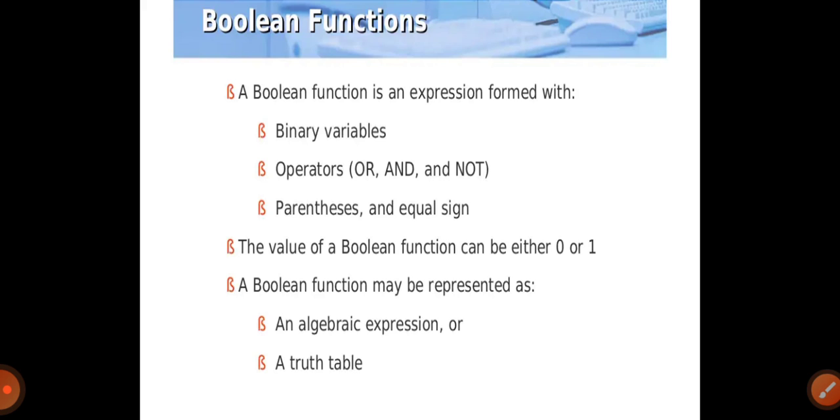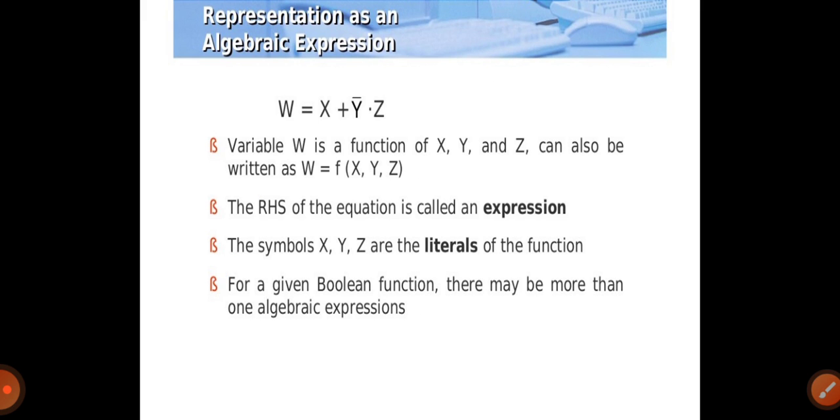A Boolean function is an expression formed with binary variables, the operators OR, AND and NOT, parentheses and the equal sign. The values of a Boolean function can be either 0 or 1. A Boolean function may be represented as an algebraic expression or a truth table. In the algebraic expression given, x plus y bar into z, which one will be first?